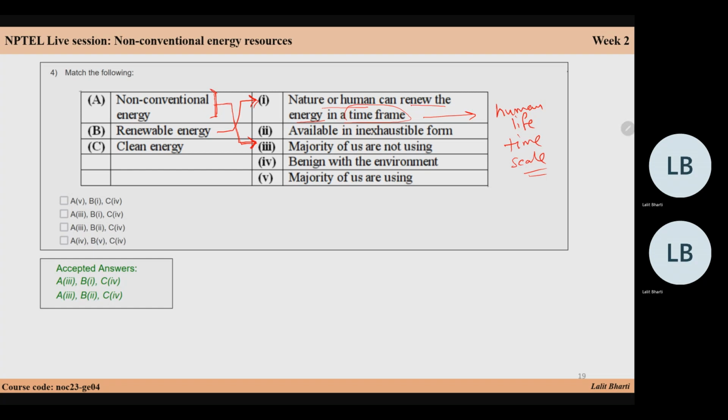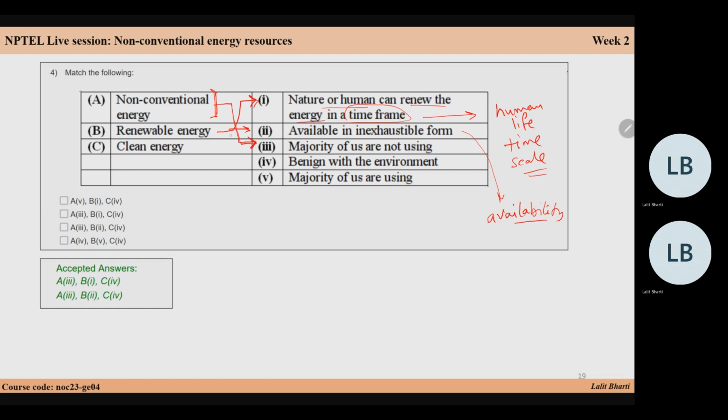Similarly, as a property, renewable energy is inexhaustible. So these are always available. Inexhaustible means availability, so these are available through the whole human lifetime scale.